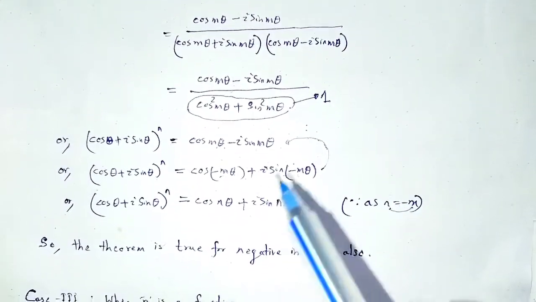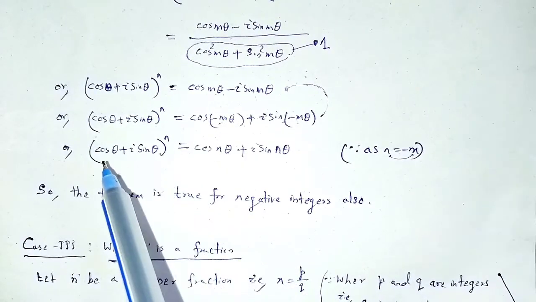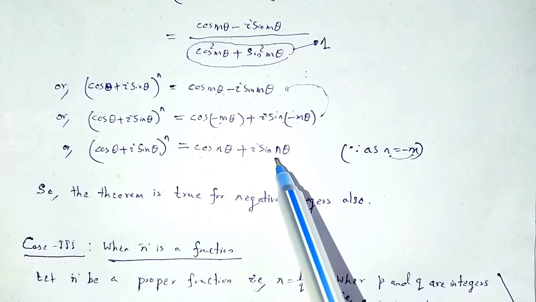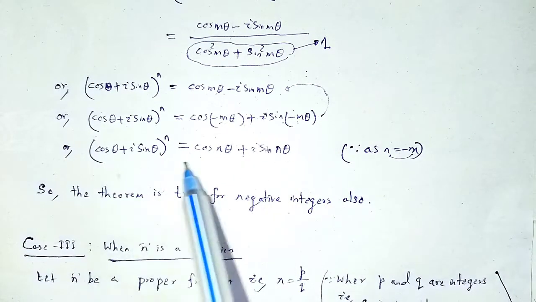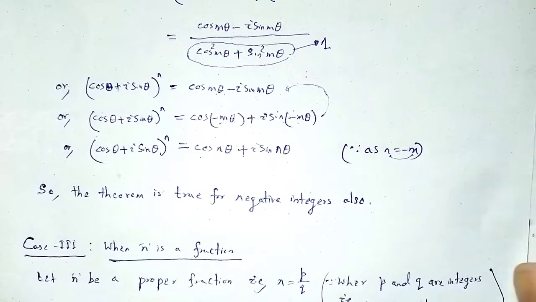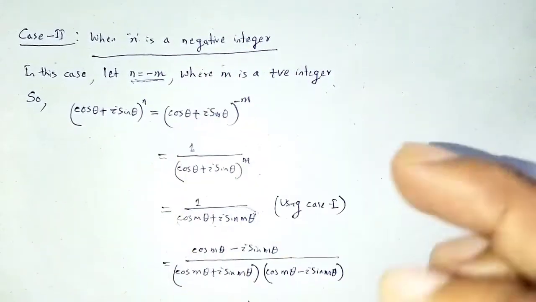Therefore, in place of minus m we substitute n. We have (cos theta plus i sin theta) to the power n is equal to cos n theta plus i sin n theta. Again, the theorem is true for negative integers, as we took n as a negative integer.